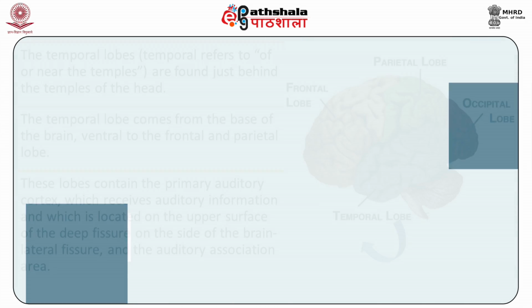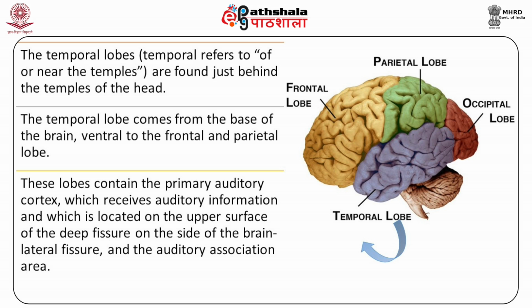Temporal lobes. The temporal lobes, where temporal refers to off or near the temples, are found just behind the temples of the head. The temporal lobe comes from the base of the brain, ventral to the frontal and the parietal lobe.